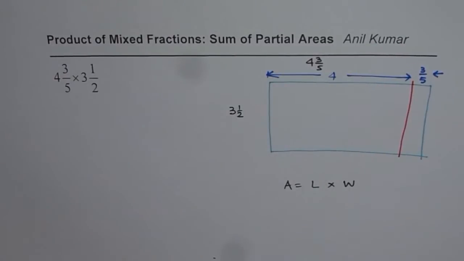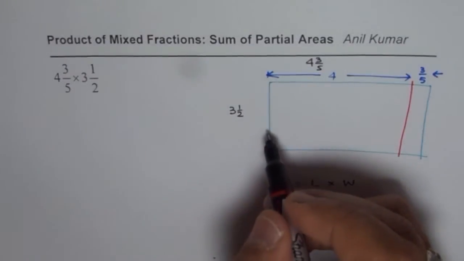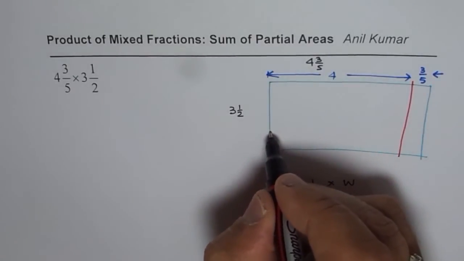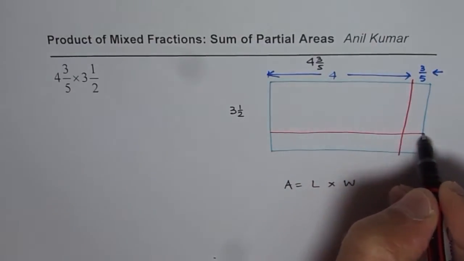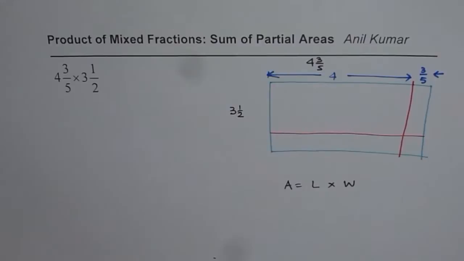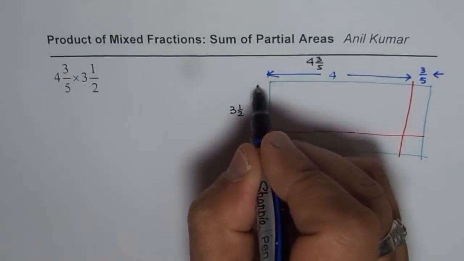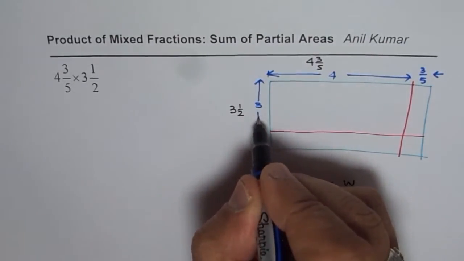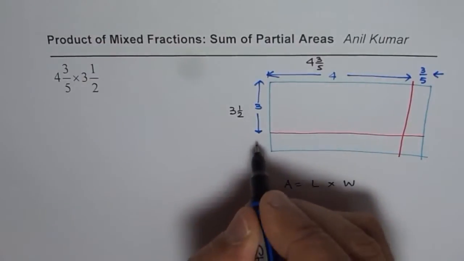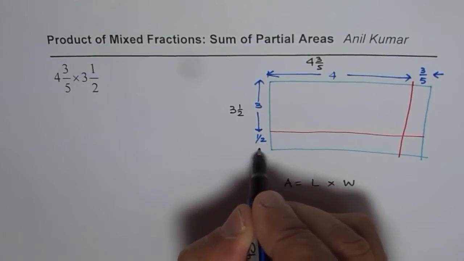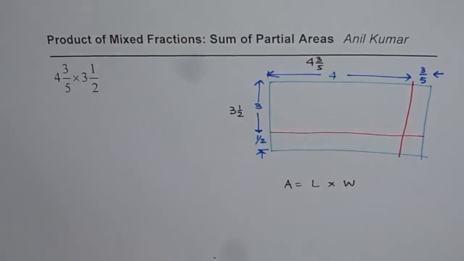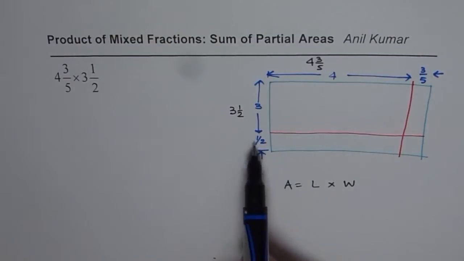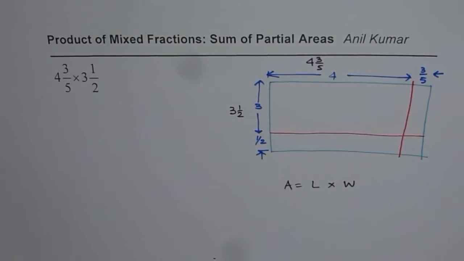Similarly, we can divide the width as 3.5. Let's draw a line here saying that the top portion is 3 units. We are not really bothering about the scale here. I'll do some examples with graph paper also. That will help you to understand it further. So 3.5, you get the concept, right?